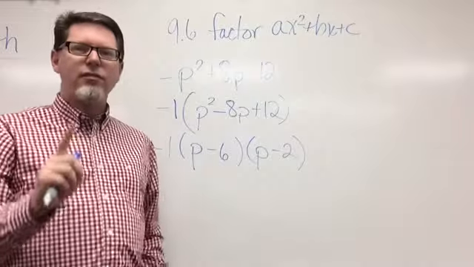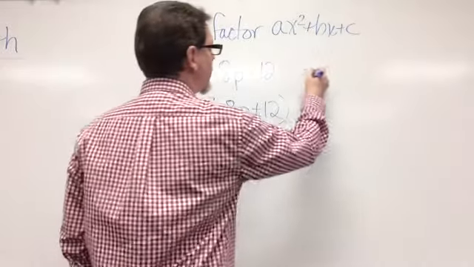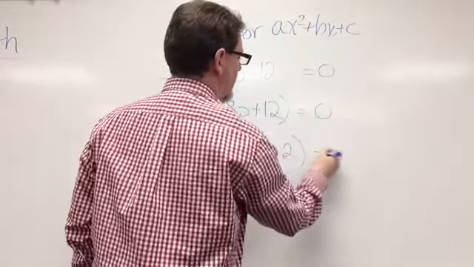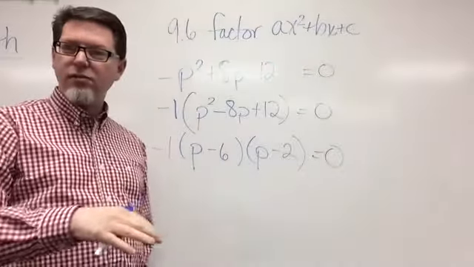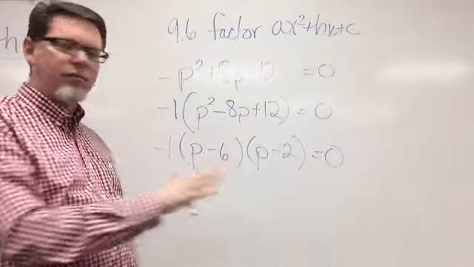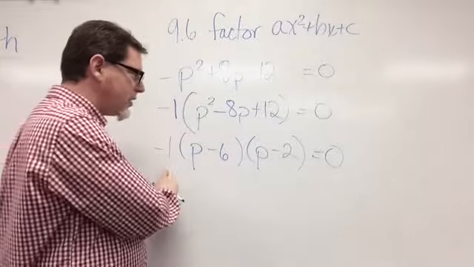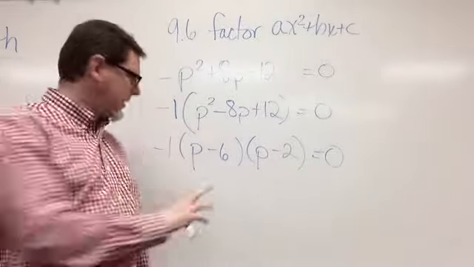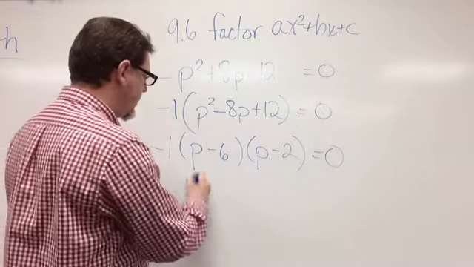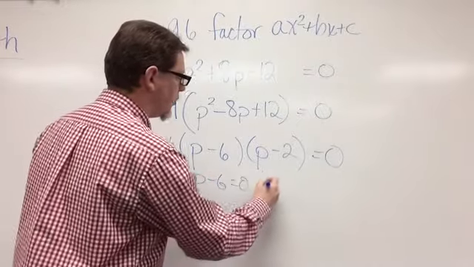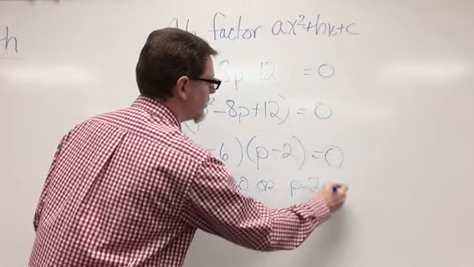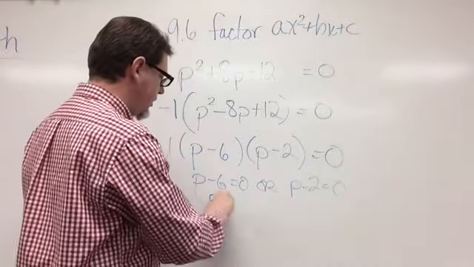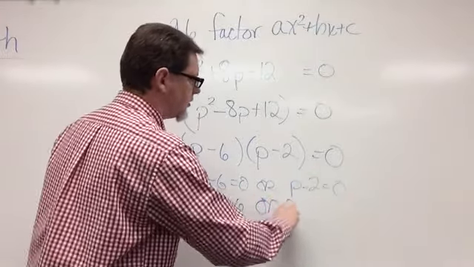Now let's just say, for instance, that I had an equal 0 on all of this, because you're going to get to those as well. Well, what would I do? Well, I know -1 does not equal 0, so I don't even mess with that. I just leave the -1 right here. But p minus 6 equals 0, or p minus 2 equals 0, so p equals 6 or 2.